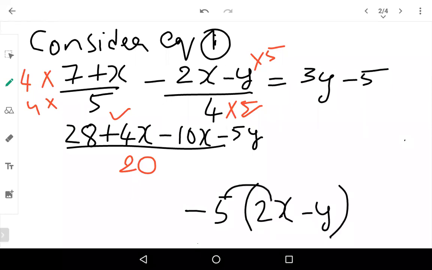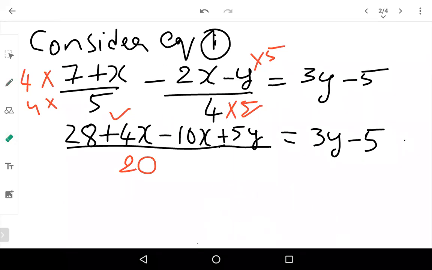So minus 5 into 2x will give me minus 10x. Minus 5 into minus y will give me plus 5y. Is equal to 3y minus 5. Correct, minus 10x plus 5y. Any doubts in step number 2? Everybody understood?